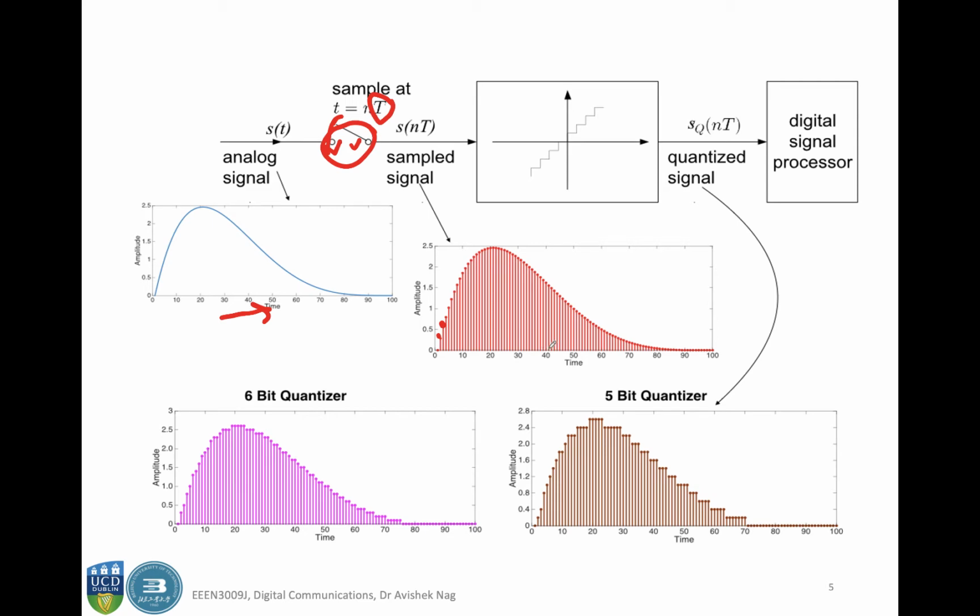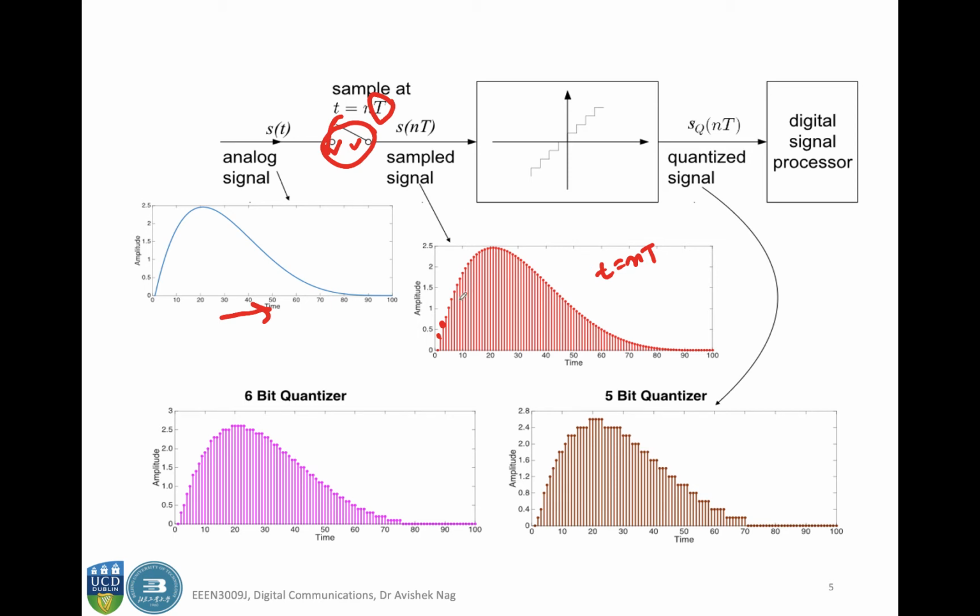In that way you sample the continuous time signal across the time axis at regular intervals of time t, equal to an integer multiple of your sampling time, which is capital T. And you roughly get the same signal after the sampling, depending on how frequently you are closing this switch.